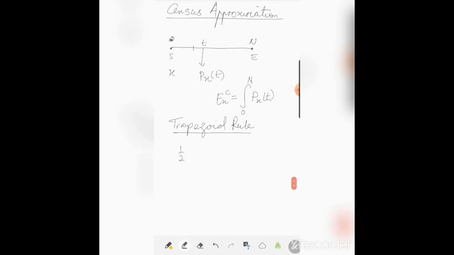I take half of p_x(0) plus p_x(1), looking at time period 0 and time period 1 and how many people have age x. So you take the average of these two, and similarly the average of p_x(1) plus p_x(2).